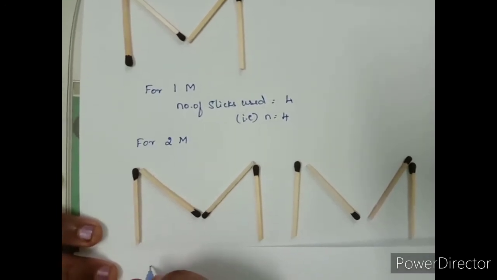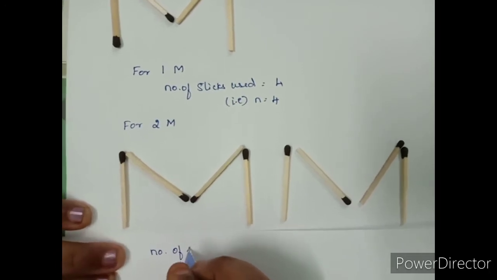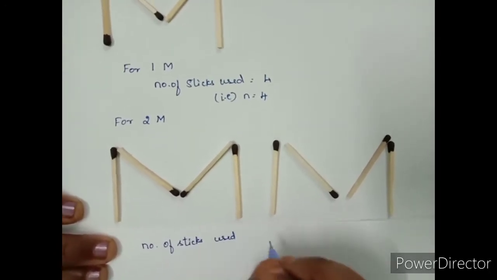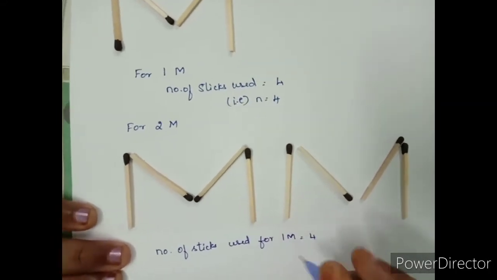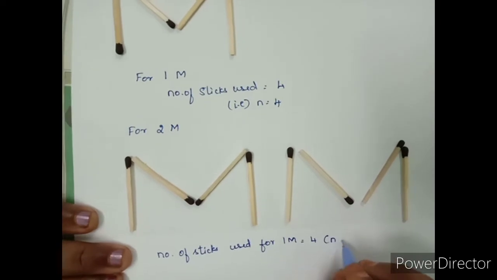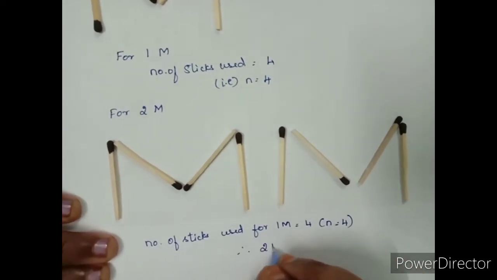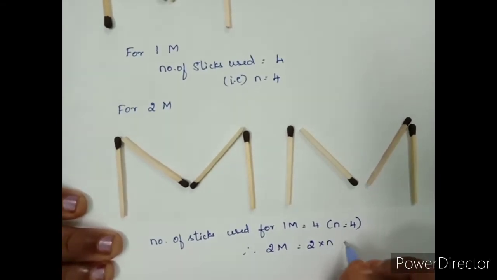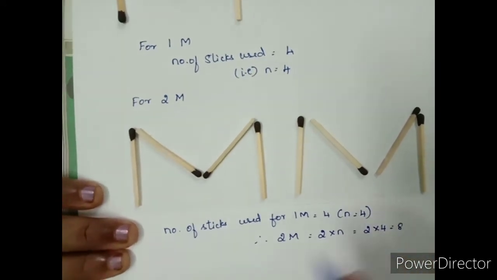So for 2 M, the number of sticks used for 1 M is 4, that is, n is 4. Therefore, for 2 M, 2 times n, that is 2 into 4, is 8 sticks.